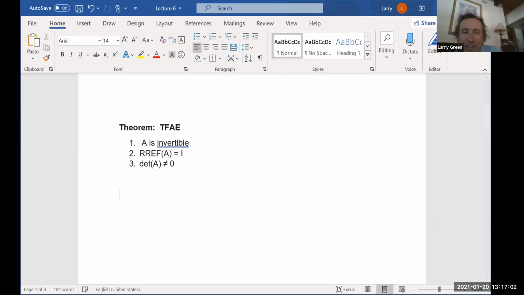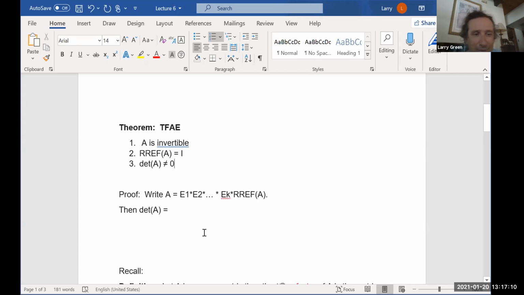All right, turns out the proof is pretty easy. And the key to the proof is something we did last time. Do you remember last time that you can take a matrix A and write it as E1 times E2 times ... times EK times RREF of A?